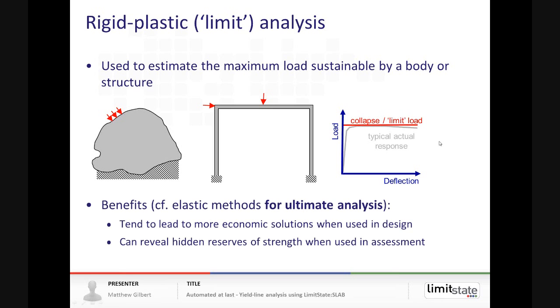The major considerations as far as the engineer is concerned are when it comes to analysing the ultimate or collapse limit state. If you use elastic methods, then you can end up with conservatism, basically. Conversely, when you use plastic methods, you tend to get more economical solutions when you're considering the design context, and in assessment you can reveal hidden reserves of strength.